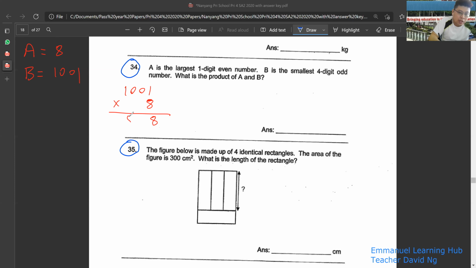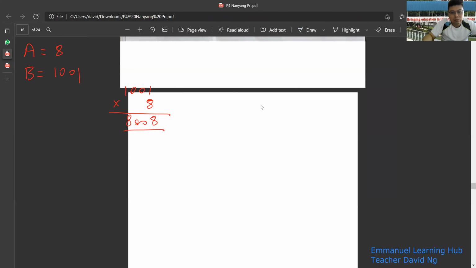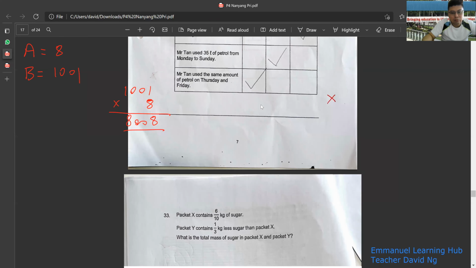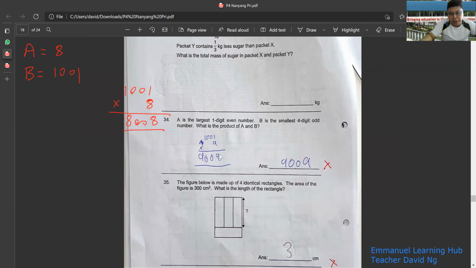8008. Yes, 8008. Okay, how come 34 you cannot do? What is the reason? Why you write 9009? Why you write 9 here?